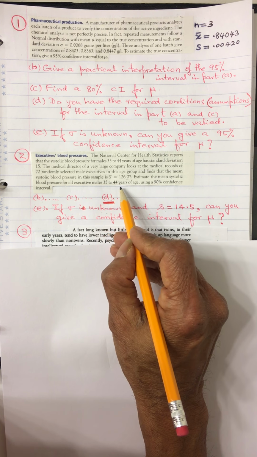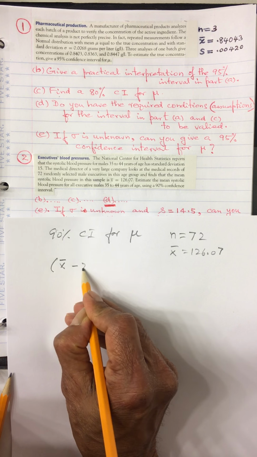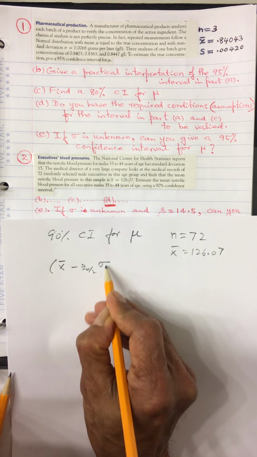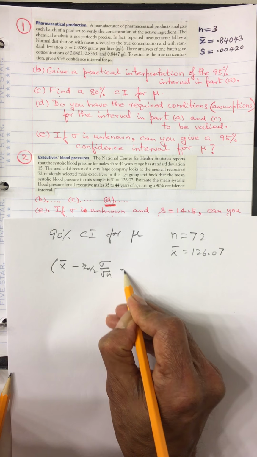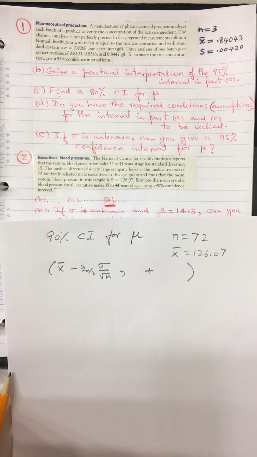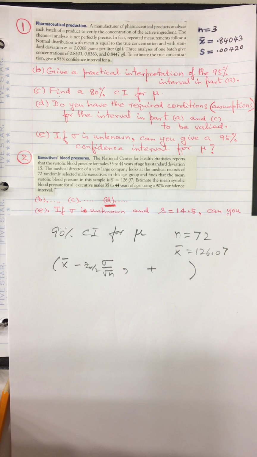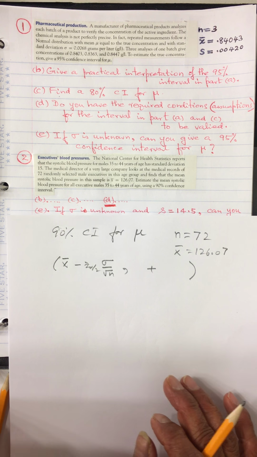So you pull a random sample, size is 72, the X bar is 126.07, and we already know that this is the interval, X bar plus or minus z alpha over 2 times sigma over square root of n. Alright, so now we need to check whether we have the right conditions, the right assumptions, to do this question.